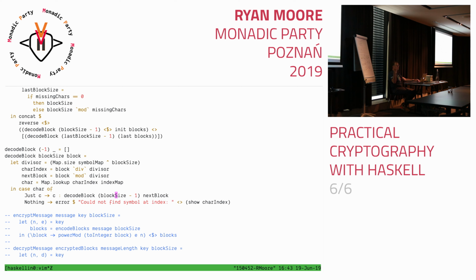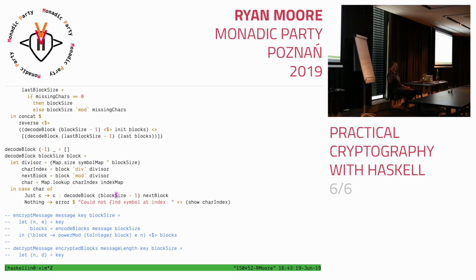So if we know that we started out with 4 characters, the first time we find the character using integer division and modulo, and we get the character, and then we call our function again now with 3. And then we run the integer division and modulo with the 3 as a block size, so 66 to the 3rd is the divisor, and we get a character, and we cons that onto the result of our function running with 2, which gives us a character which we call with 1, which finally we call with 0 to get the 0th index.